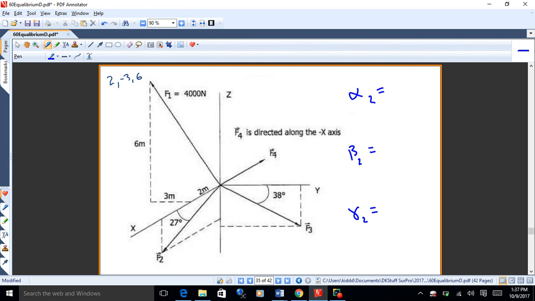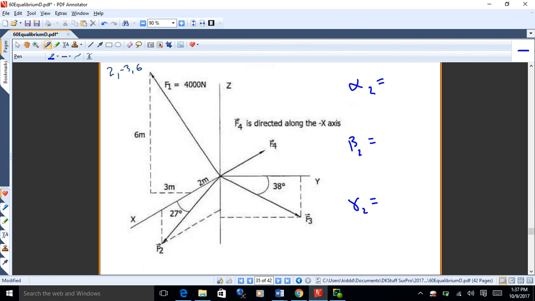Okay, we're doing all right with those? What do we got for alpha? 27? Yeah, 27, I would hope there, okay? So that's the easy one.